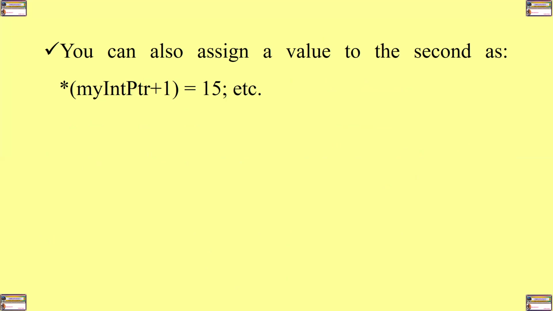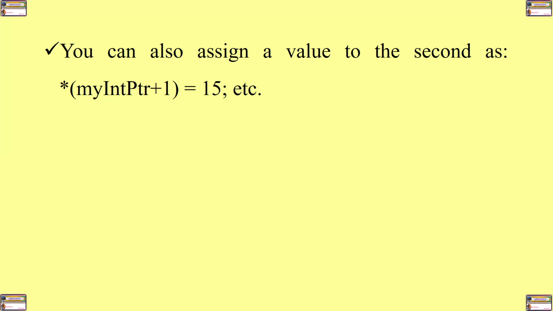So because the pointer called my int pointer has been initialized with the address of the first element in the array, for us to be able to access the next element, we just need to increment the address of the pointer with 1. And that's what we are doing.